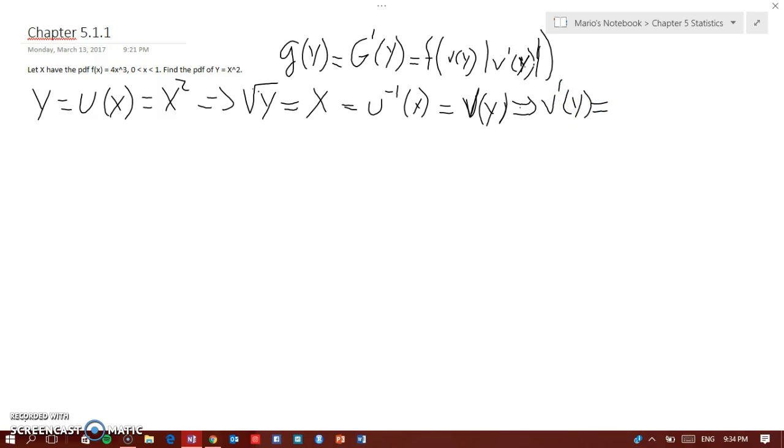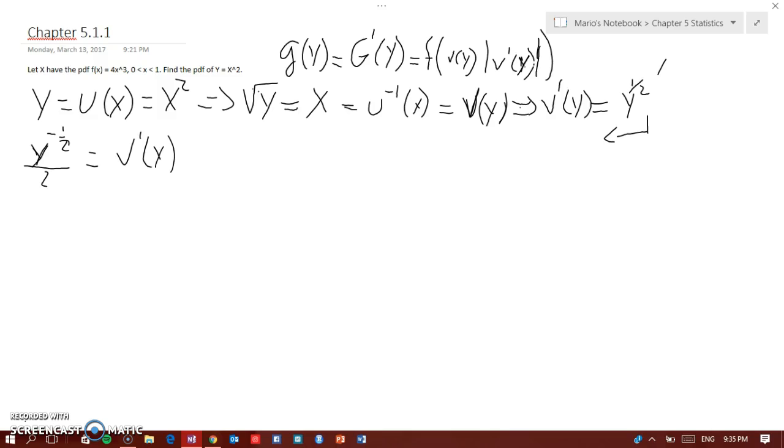If you know calculus, that would be y to the power of 1/2, and you're going to take the derivative of that. So that would be equal to 1 over 2 times y to the power of negative 1/2. That is v prime of y.